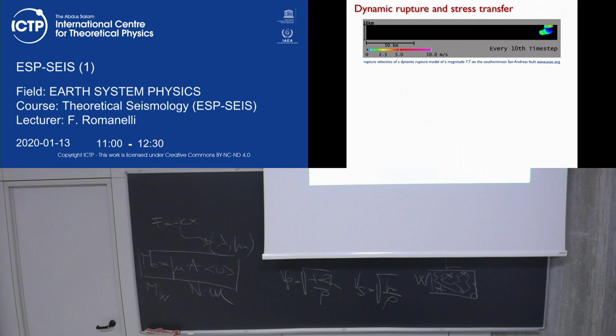But so this is just to impress you, a very nice cartoon of an earthquake. No, it's not, but it's a possible representation. You see a plane that in the first approximation is a fault, where the stress imbalance is occurring.